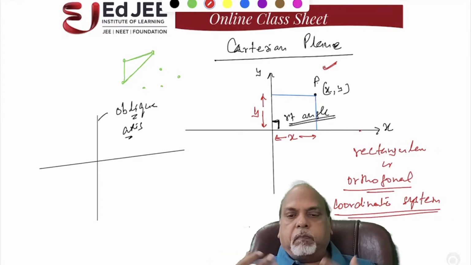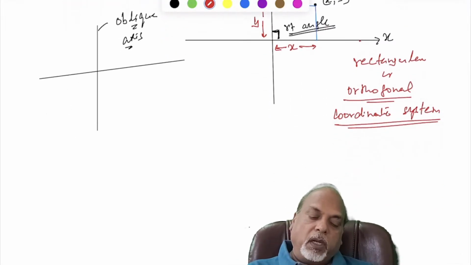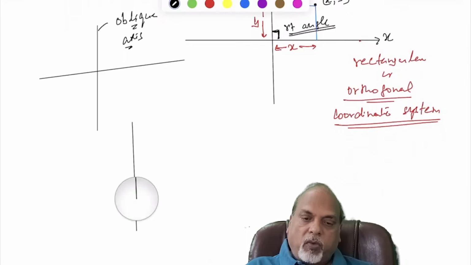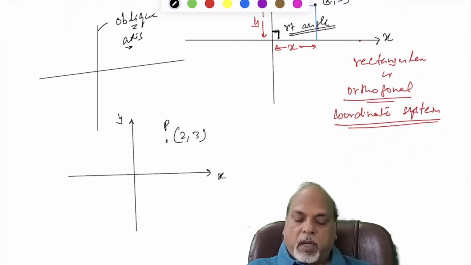Orthogonal means things are at right angle to each other. Suppose this is your y-axis and this is your x-axis, and suppose there is a point P where x is 2 units and y is 3 units.